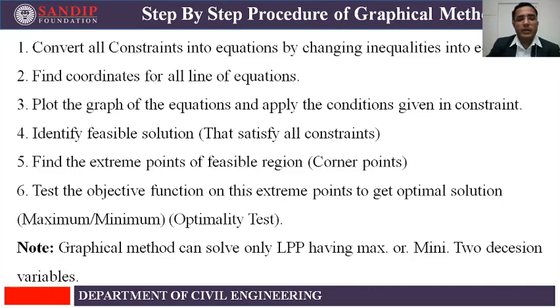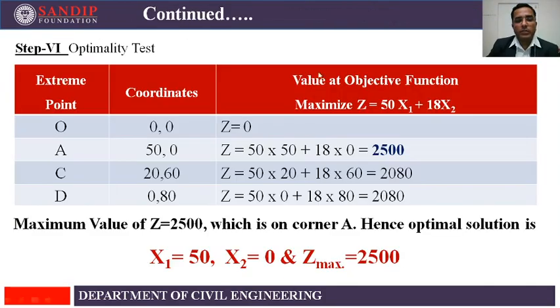Then test the objective function at those extreme points using this table. We then get different values of the objective function, and as per the problem statement, whether it is maximization or minimization, we choose our optimal decision.